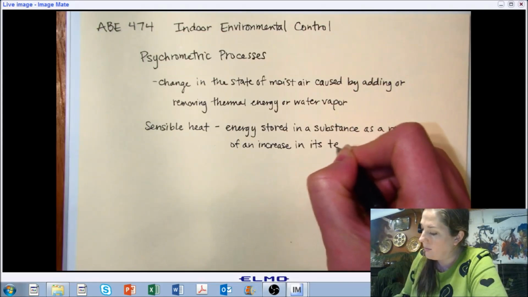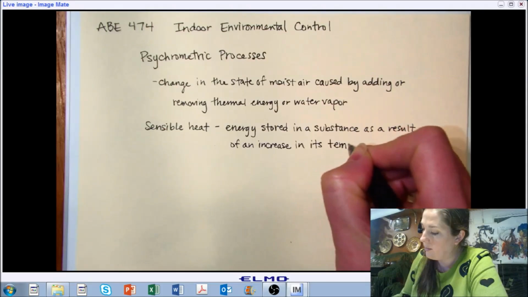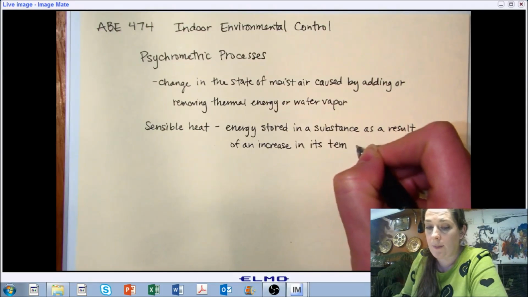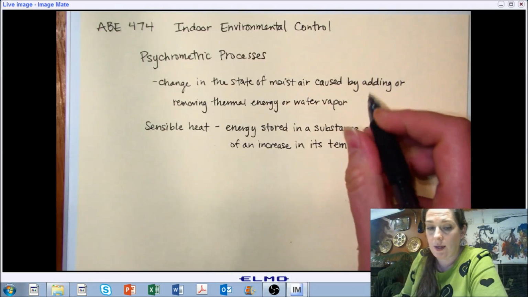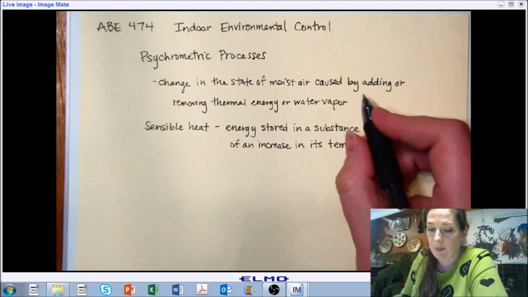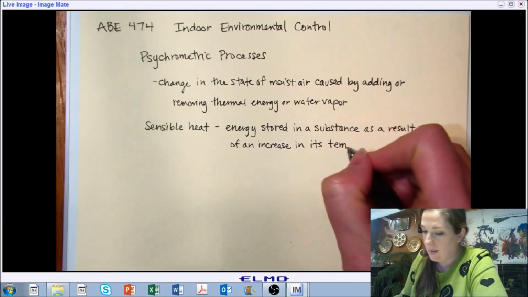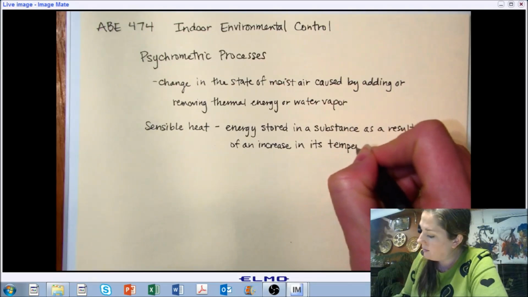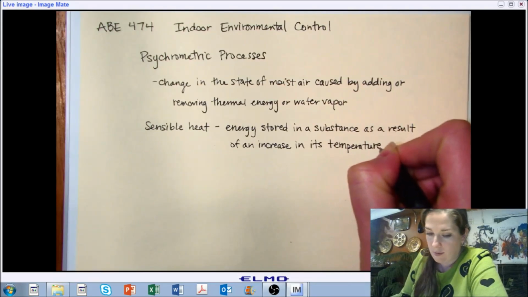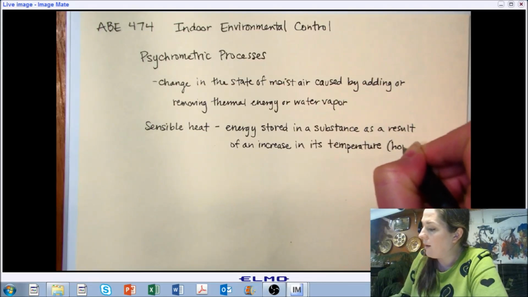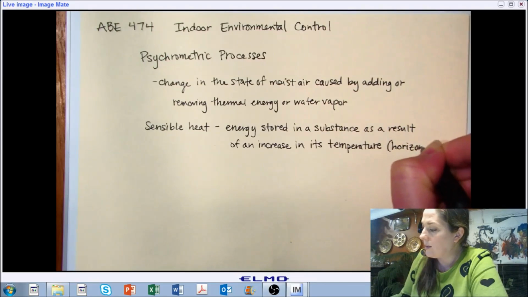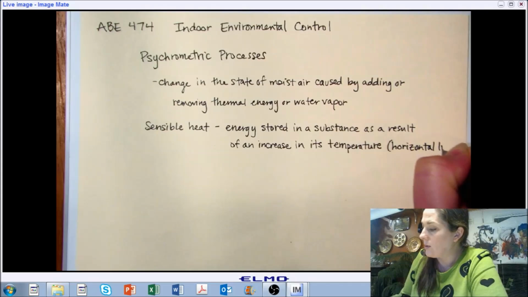This can be inverted to also mean that we can decrease the amount of sensible heat by decreasing the temperature. So it goes both ways. And on our psychrometric chart, this is going to be represented by a horizontal line.